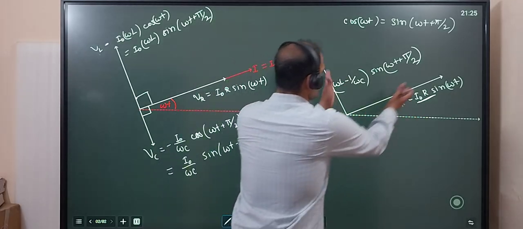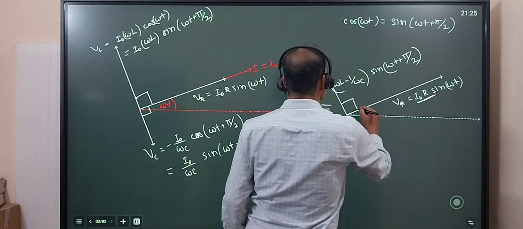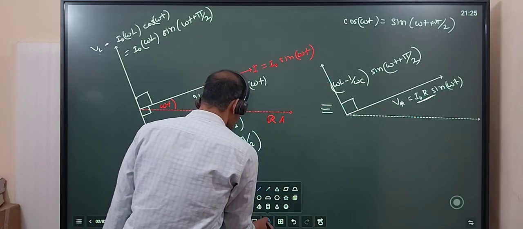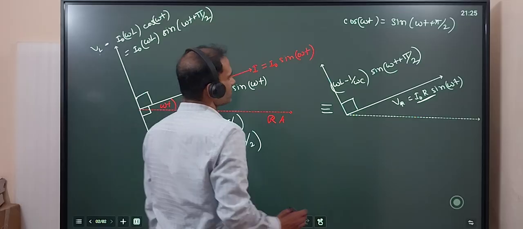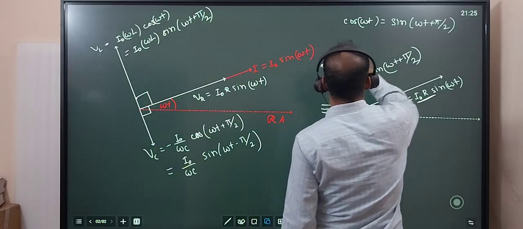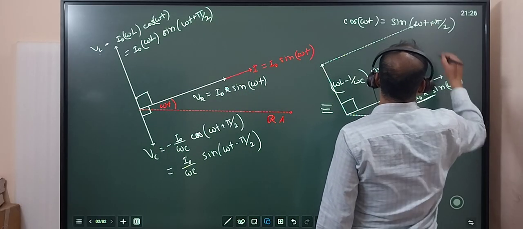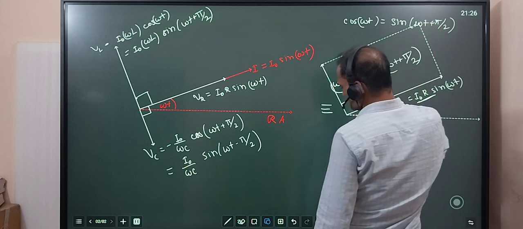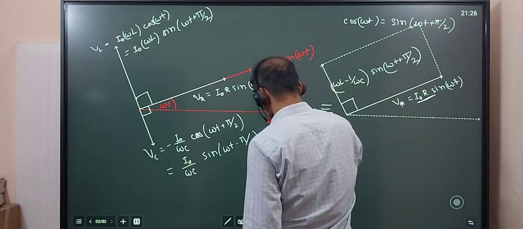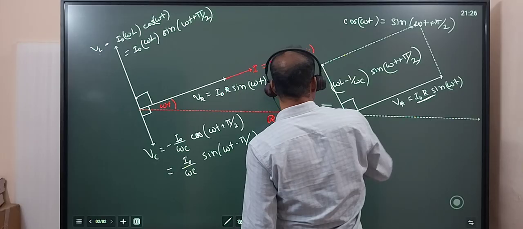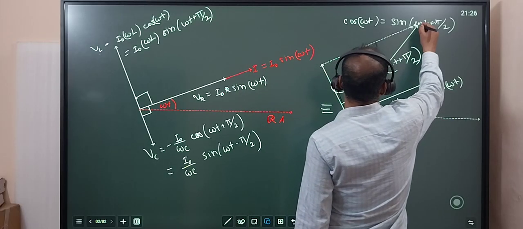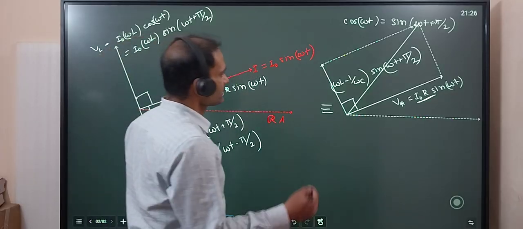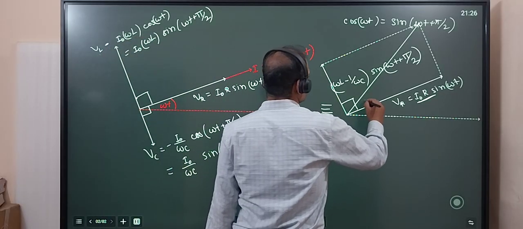Now we have two phasors at 90-degree angle. We can find the resultant length easily using the parallelogram law, using the triangle law. You know that we are going to add phasors just like vectors. Mathematically, phasors and vectors have the same mathematics, and this angle is alpha.